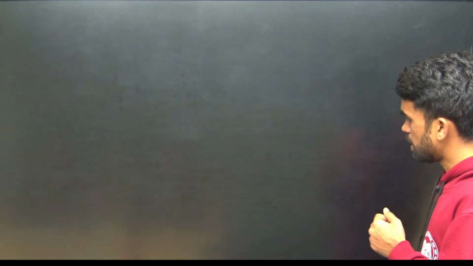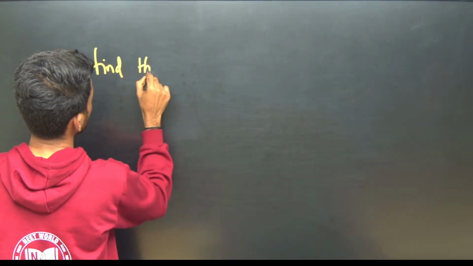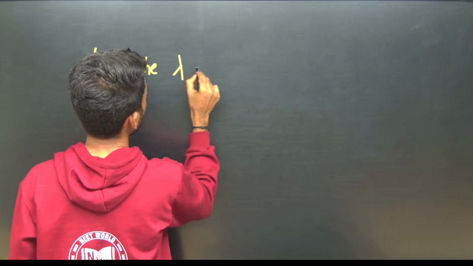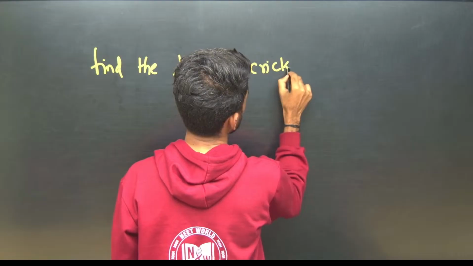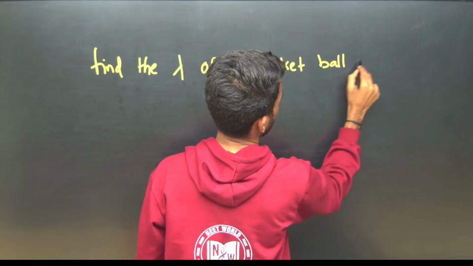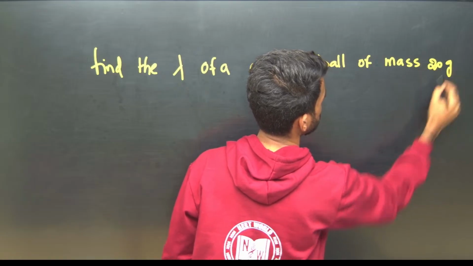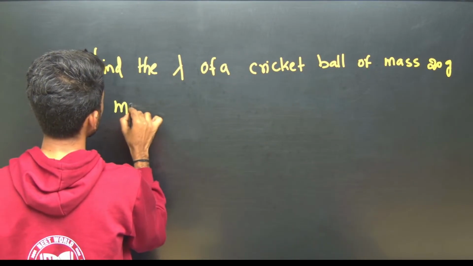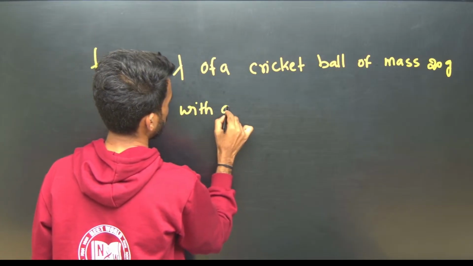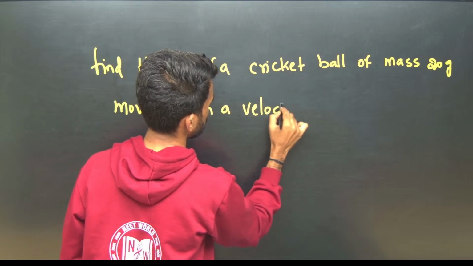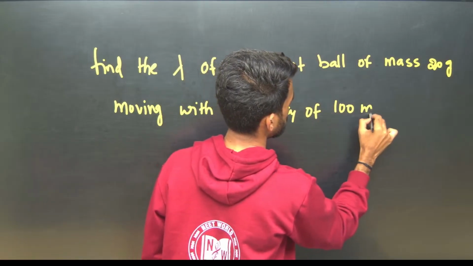Next question, write the question: find the wavelength lambda of a cricket ball of mass 20 grams moving with a velocity of 100 meter per second.